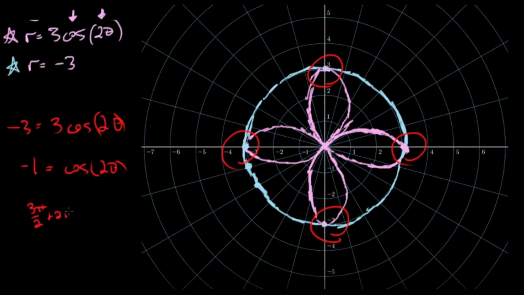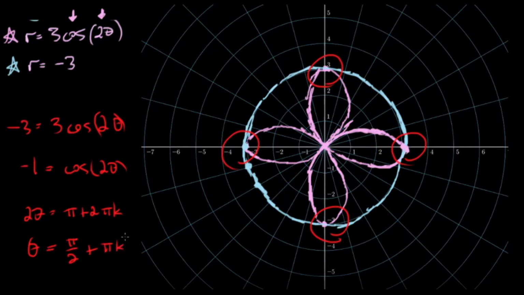Oh, sorry, that's totally wrong. All right, when is cosine -1? That is at pi, so we want the 2 theta to be pi plus 2 pi k. And then if I divide by 2, I get pi over 2 plus pi k.